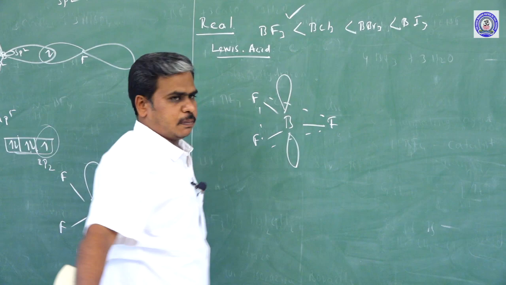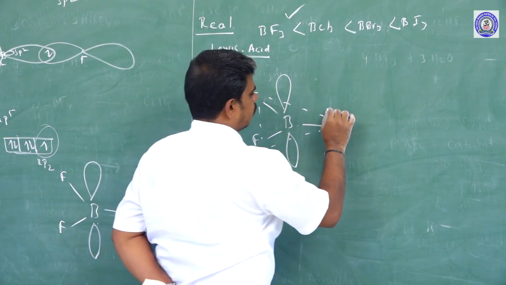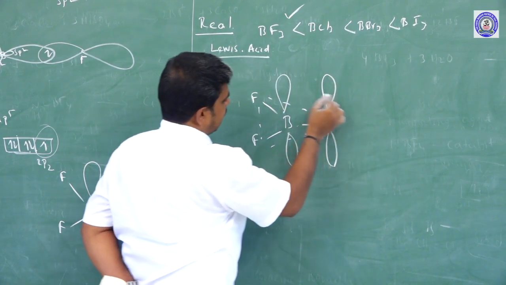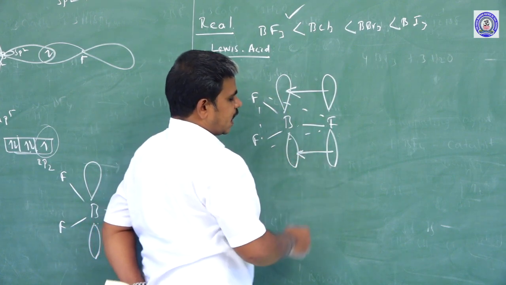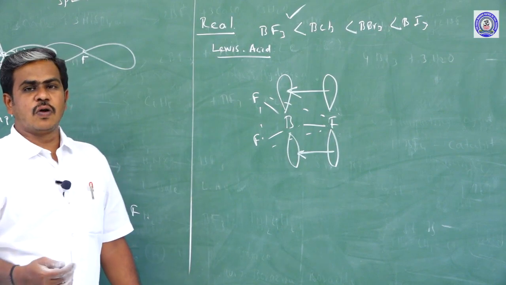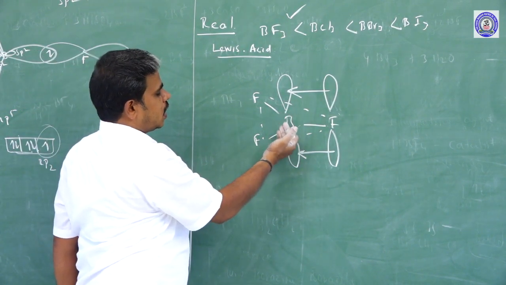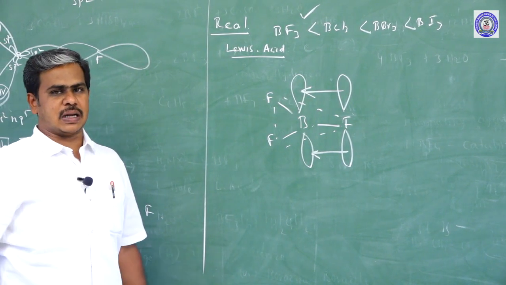It is a planar shape. After making a bond with fluorine, the bond is reversed, that is back bonding. After bonding, fluorine donates back to boron, so boron accepts into its vacant orbital.